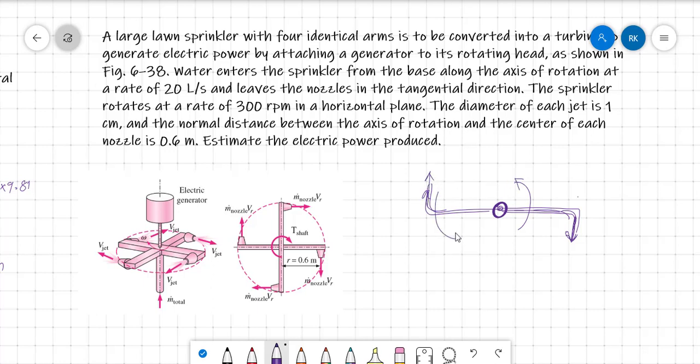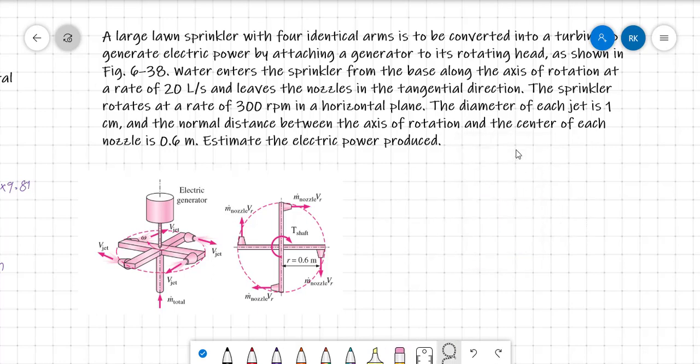So there is a counterclockwise rotation that will be created. So due to this, if we connect this point to a generator, electricity will be produced. So in order to produce electricity, there should be a torque created. So we need to find that torque.